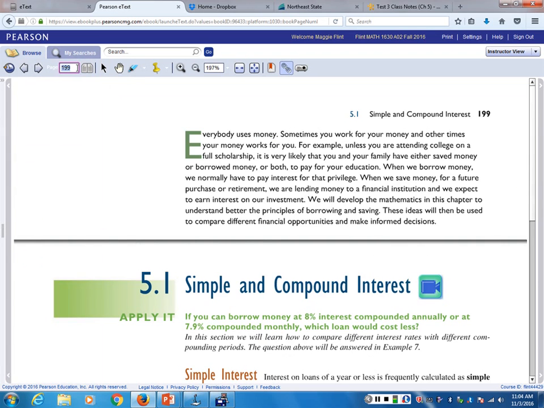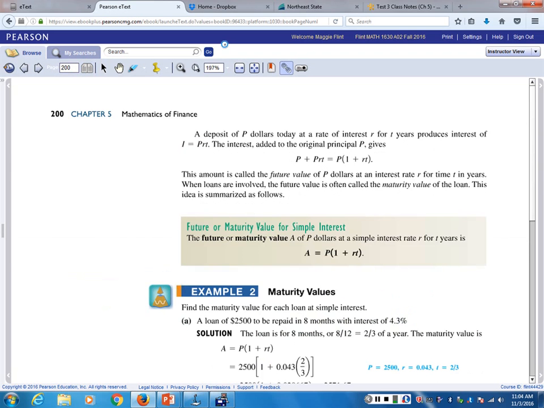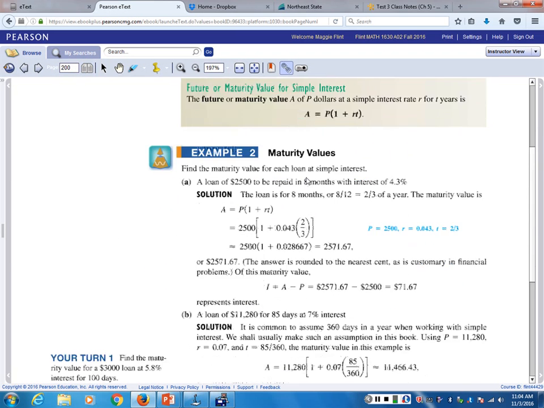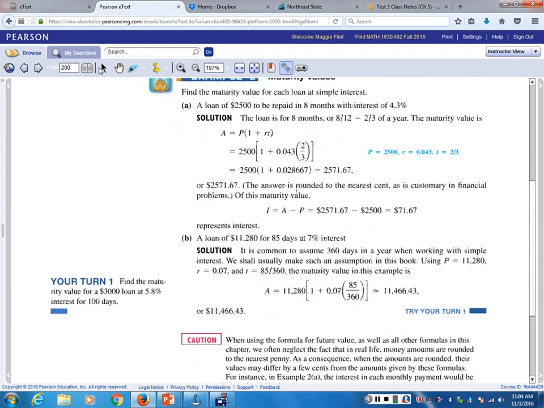This is on 220. If not, this at least will get me in the neighborhood. A little bit further.